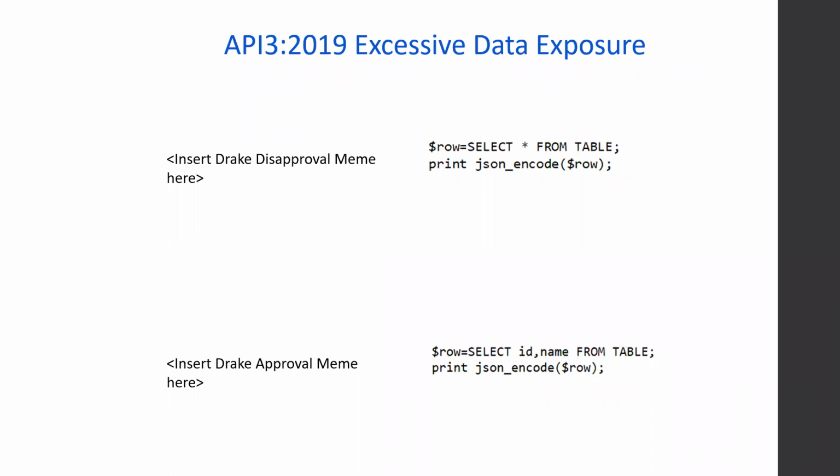What do you need? You only need a name and perhaps an ID. You don't need anything else. If you need, you can add maybe one more column here. So you should only request and give data whichever is necessary to the front end. You should not give the whole of data, right?